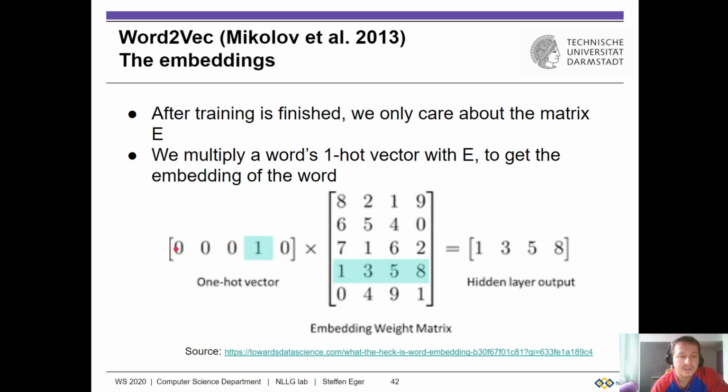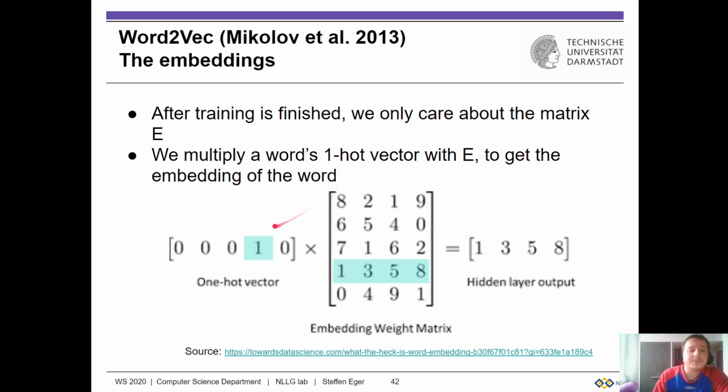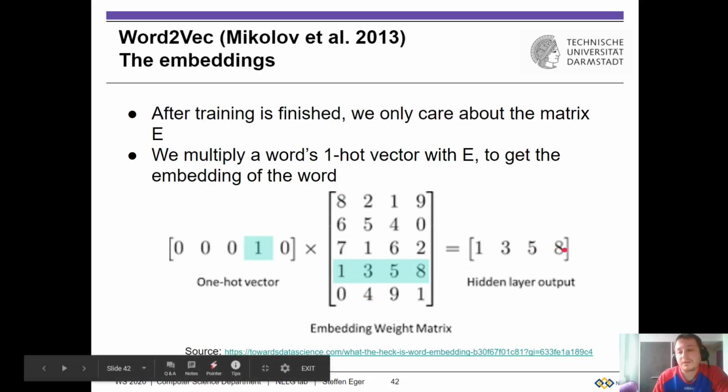So this is position 1, 2, 3, 4. We get the fourth row of this matrix here. And now this fourth row is the vector representation of the fourth word in the vocabulary. If the fourth word is love here, then it would be the vector representation of the word love.